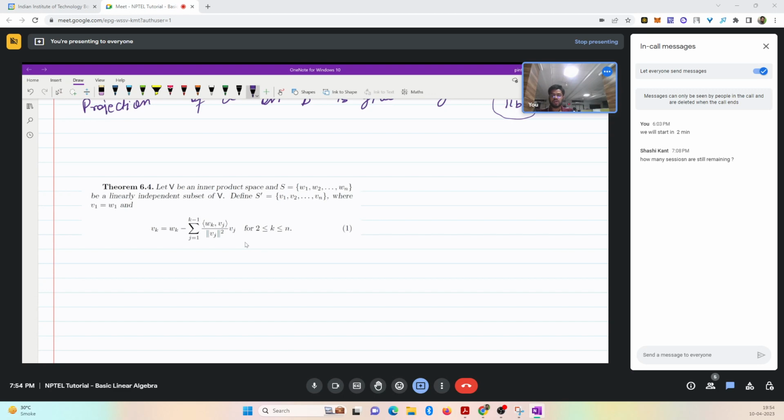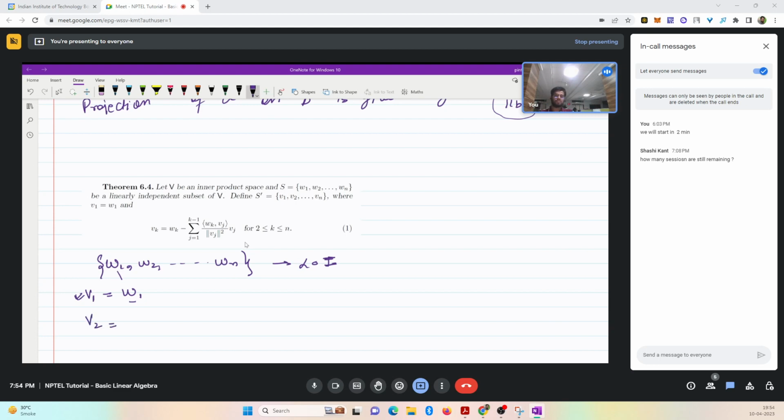So let's say you have vectors w1, w2, ..., wn given to you. These are linearly independent. Now, in order to obtain orthogonal vectors, you will take v1 as w1. So the first vector that you take is the same as the first vector of this set. You can take any vector as the first vector.